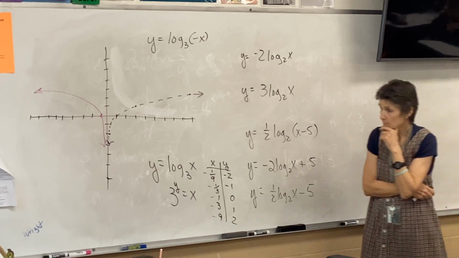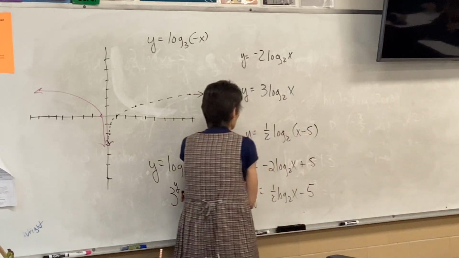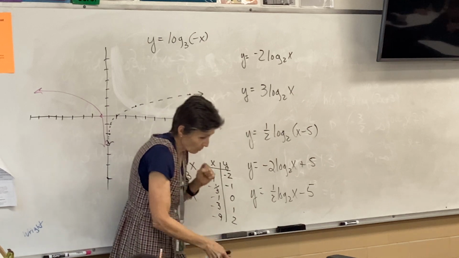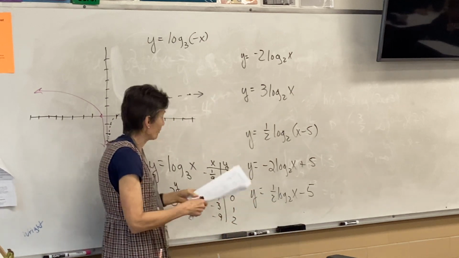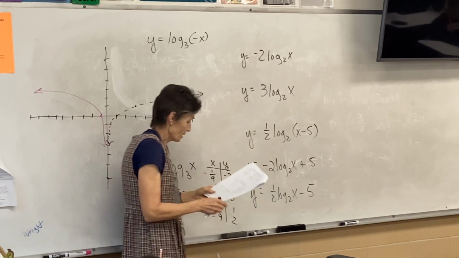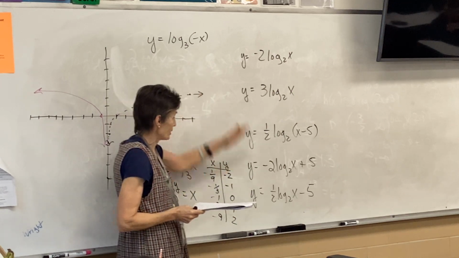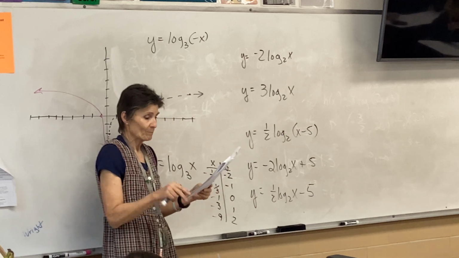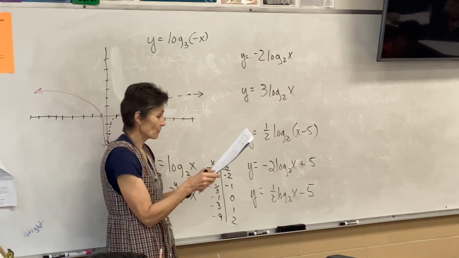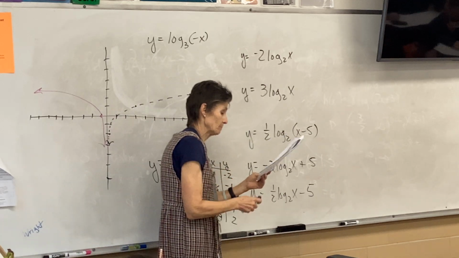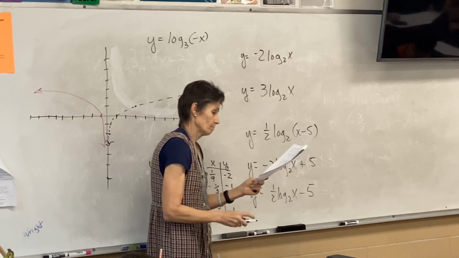All right, let's look at this matching set here. So graph A, B, C, D, and E, here are the equations. So did anybody find the equation that matched any of these? Xander? Yeah, so for the first one, it was y equals -2 log 2x.